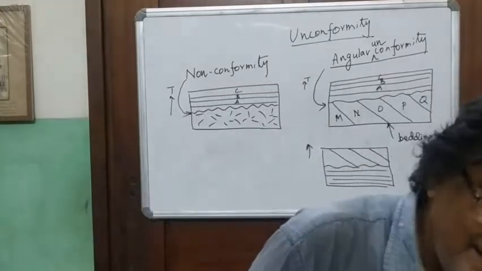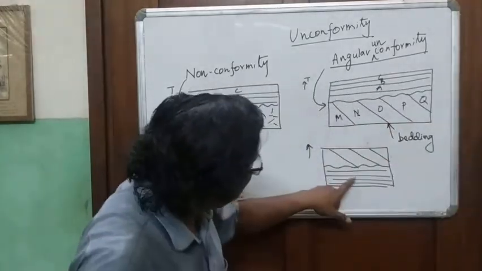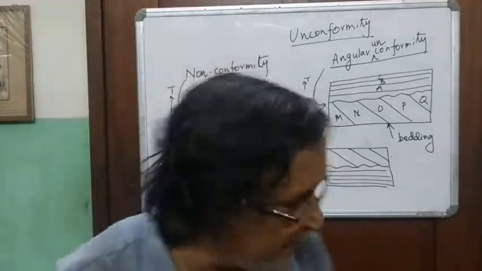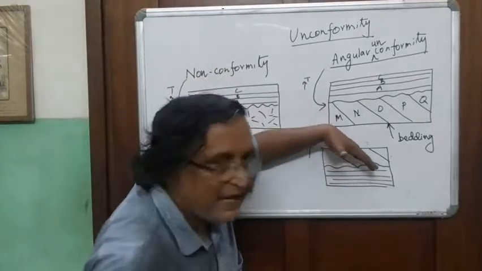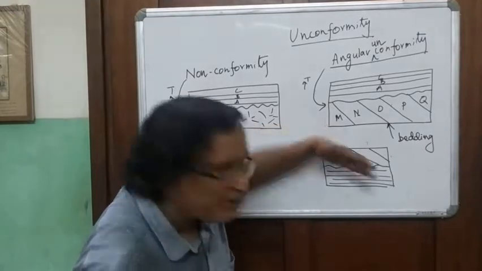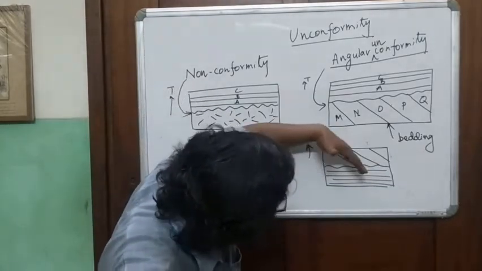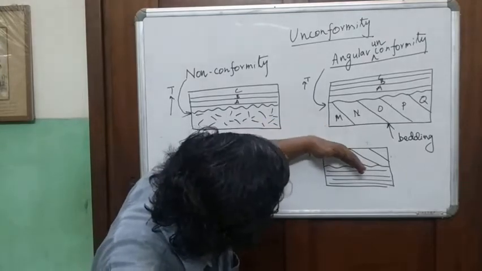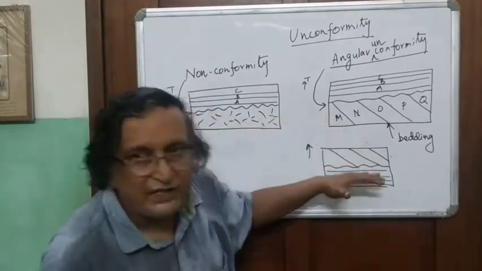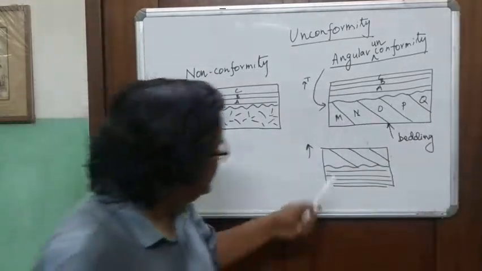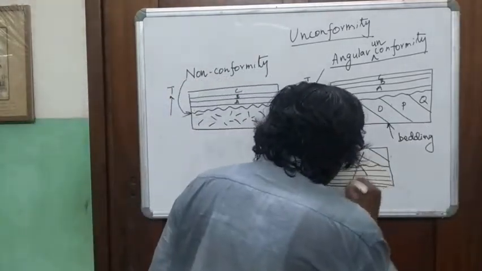This cannot remain horizontal, because initially it was horizontal. If you have an inclined plane, because this plane was also deposited on a horizontal plane, that means the horizontal plane of bedding has been rotated. You cannot rotate the above one without rotating the ones below. You can't do it. So this is wrong.